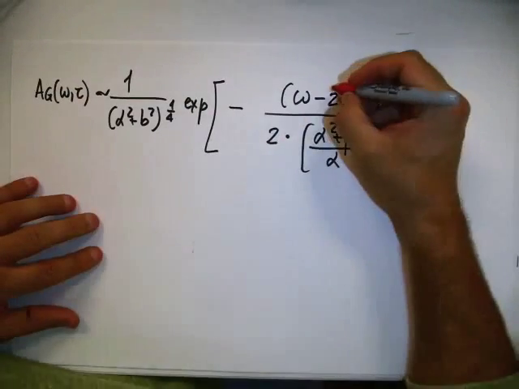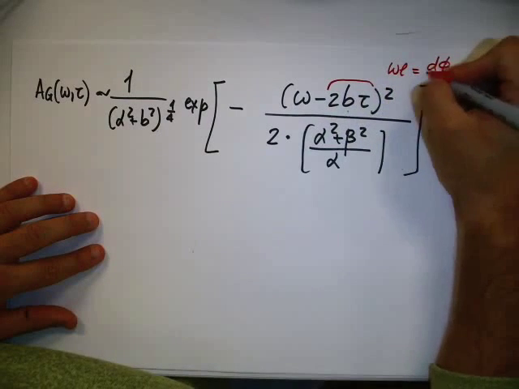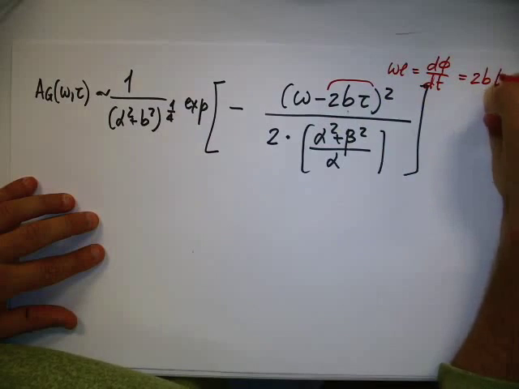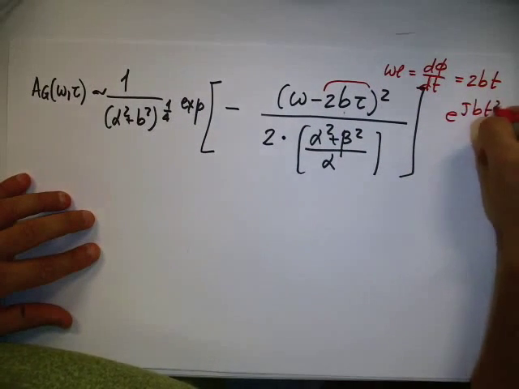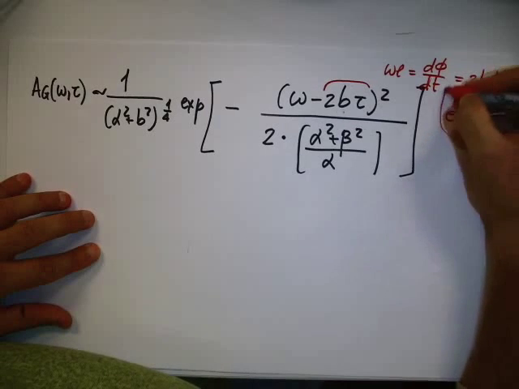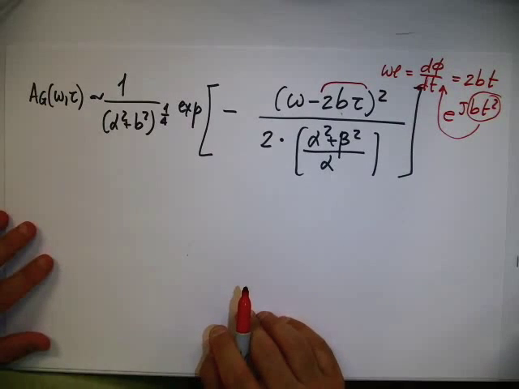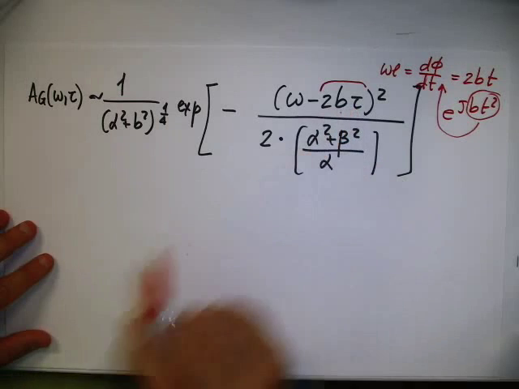I remind you what this 2 beta tau is. This is the local frequency, which is equal to the derivative of the phase, which is 2 beta t. Remember that the signal is e to the i beta t squared. So this is the phase that I use here. The time derivative gives me the local frequency, which is exactly what we have here.